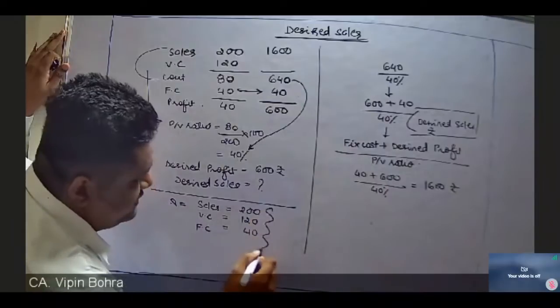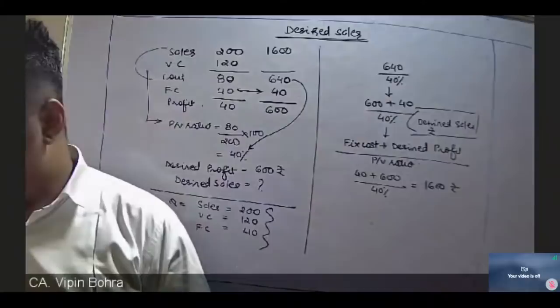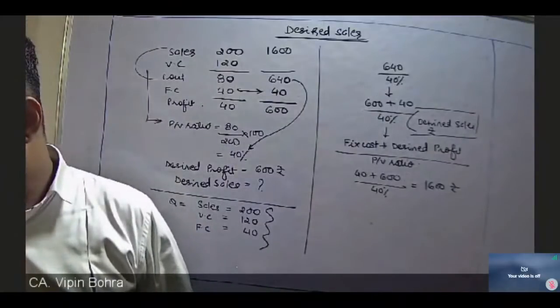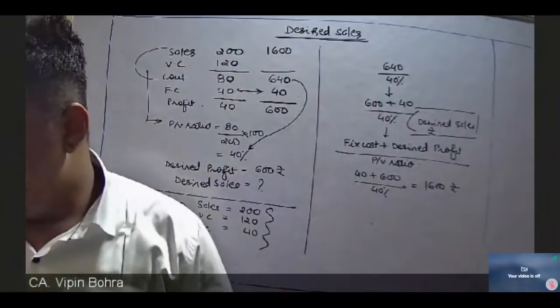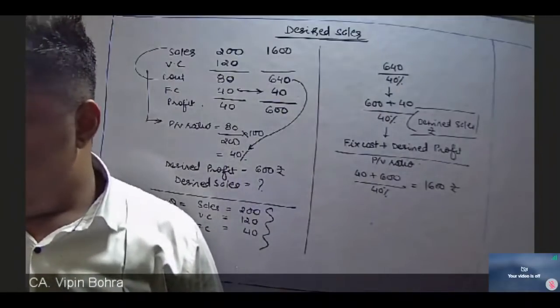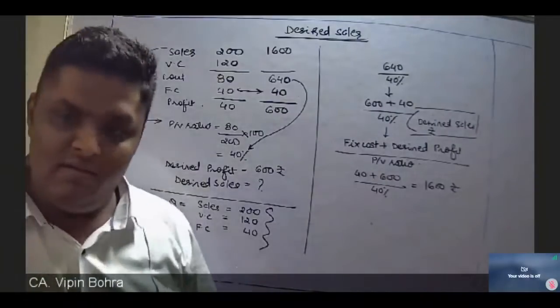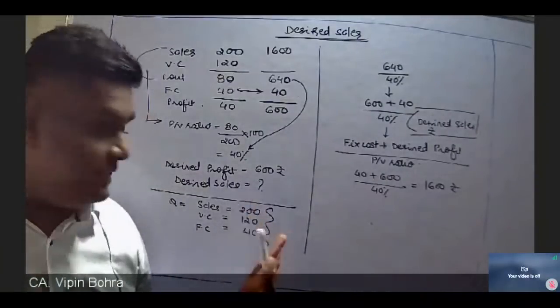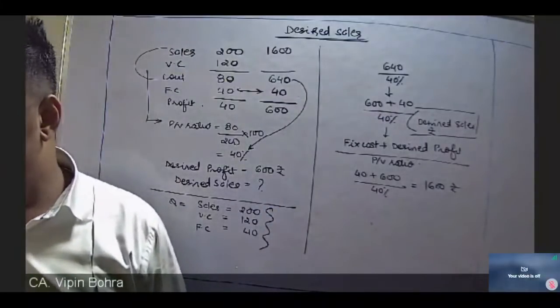So this is the data given in the question, Rakesh. Rakesh Vyas from Jodhpur, hopefully your doubt is clear. This data is given in the question. I have not made any sort of calculation.